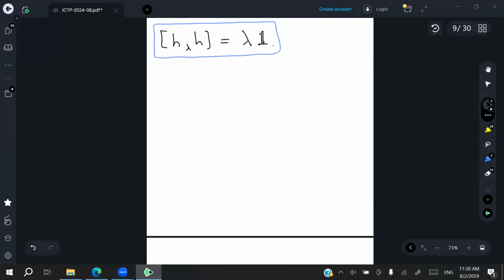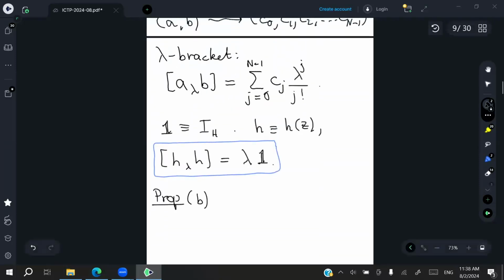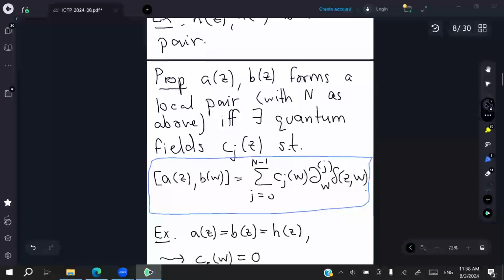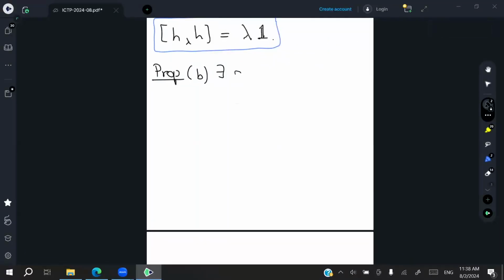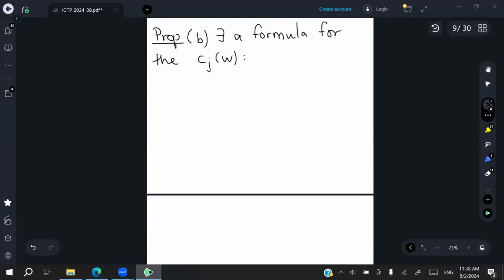So let me remark also, there arises a proposition, call this part B. Previous was part A. There exists a formula for the CJWs. It is as follows. So I'll explain this notation in a moment.